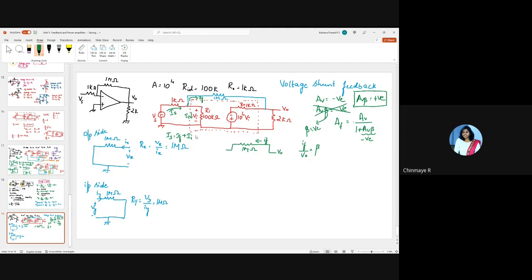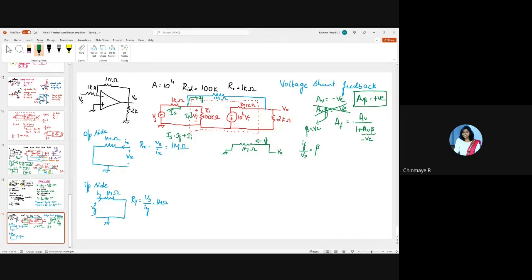But when I detach this feedback network from the open loop and try to find out beta, how will I find it? I ground this, I give some voltage V naught here, and try to find the feedback current IF due to this.